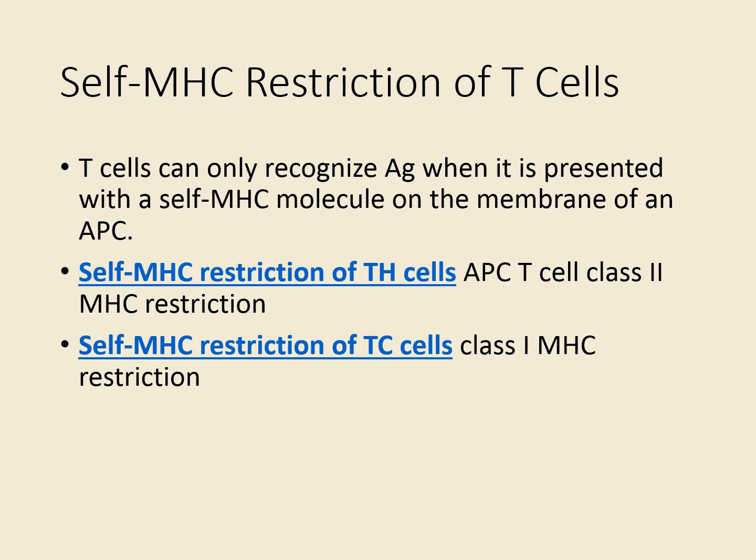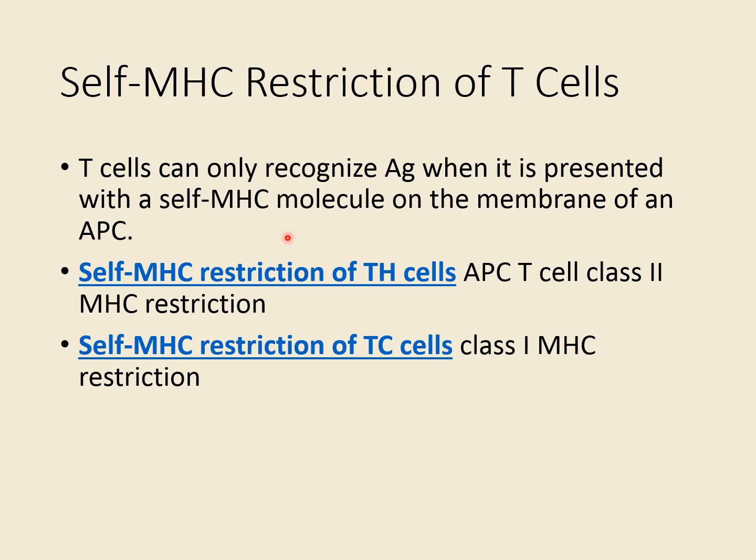So the first question arises: why is antigen processing and presentation required? That is due to a phenomenon called self-MHC restriction of T cells. That means a T cell can only recognize peptides of an antigen when they are presented to them via a self-MHC molecule on the membrane of APC.